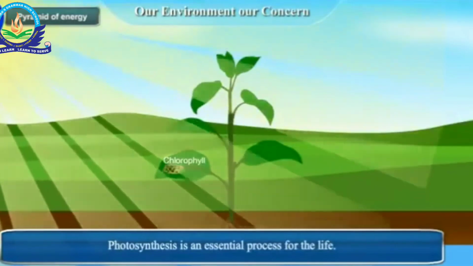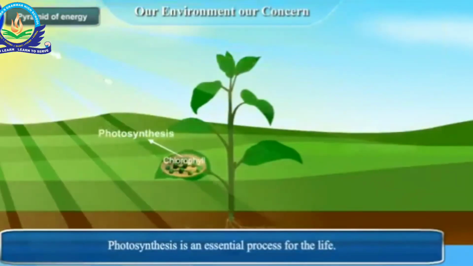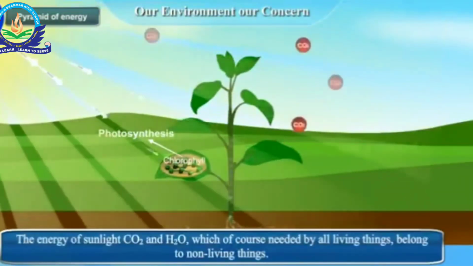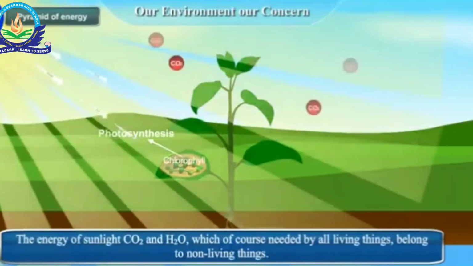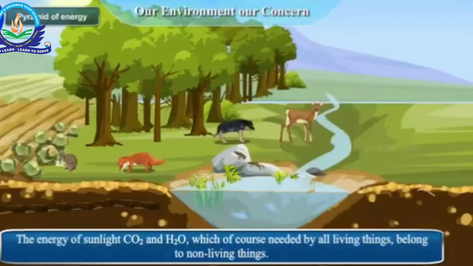Photosynthesis is an essential process for life. The energy of sunlight, CO2 and H2O, which are of course needed by all living things, belong to non-living things.